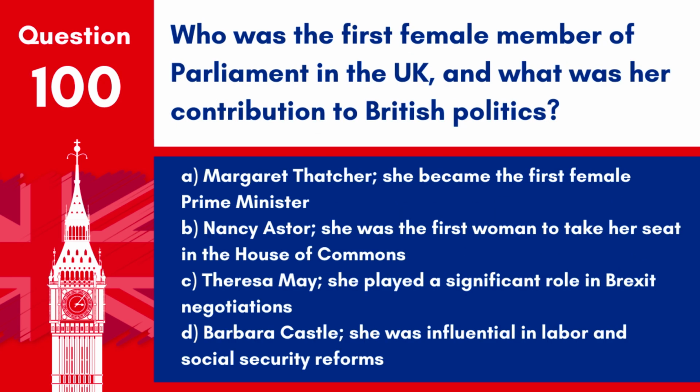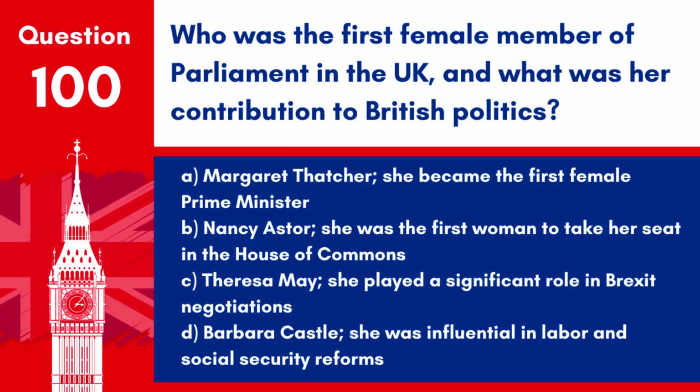Question 100. Who was the first female Member of Parliament in the UK, and what was her contribution to British politics? A. Margaret Thatcher. She became the first female Prime Minister. B. Nancy Astor. She was the first woman to take her seat in the House of Commons. C. Theresa May.